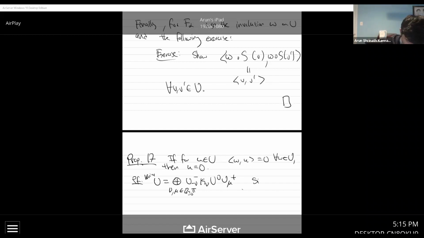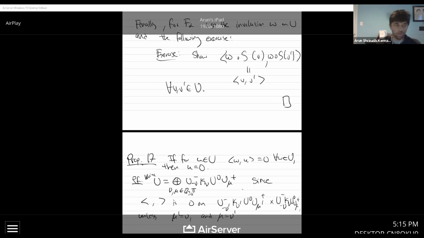Since this pairing is 0 on u minus nu prime K nu prime u0 u mu prime plus cross u minus nu minus K nu u0 u mu plus, it's 0 unless these indices match, so mu prime is equal to nu, and mu is equal to nu prime.